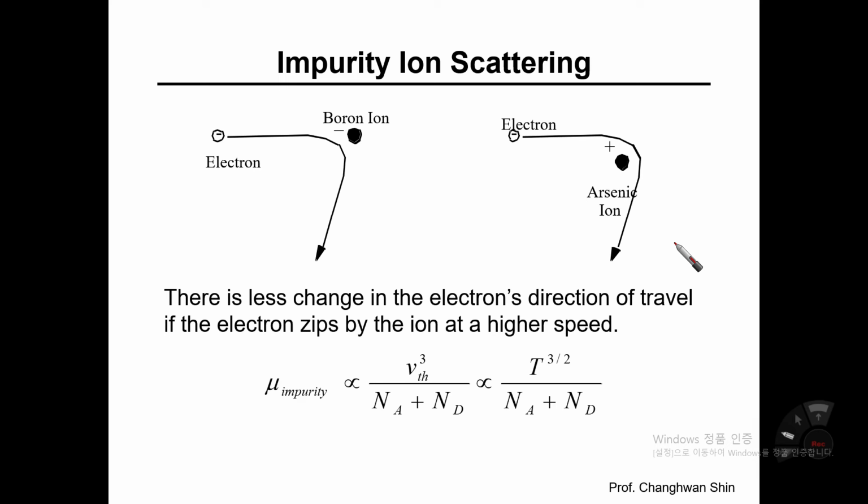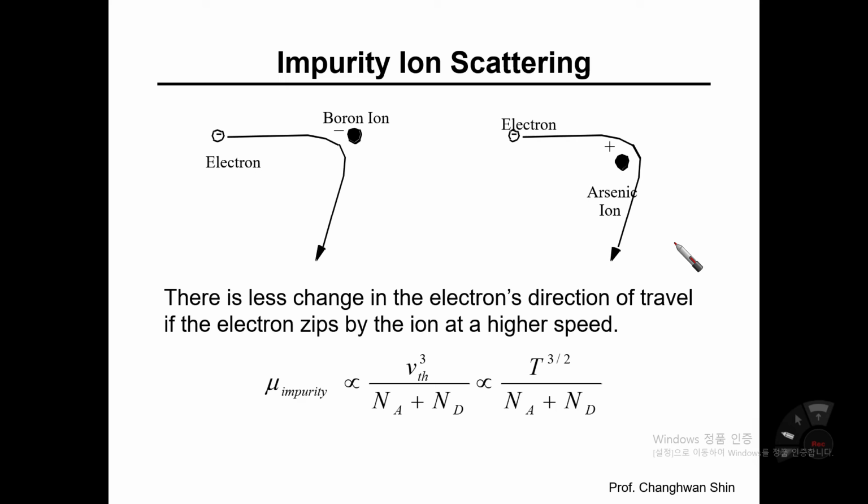Why? Because of the high temperature, a lot of kinetic energy and active electrons and holes will be created. Those are very active, so their speed is very high.